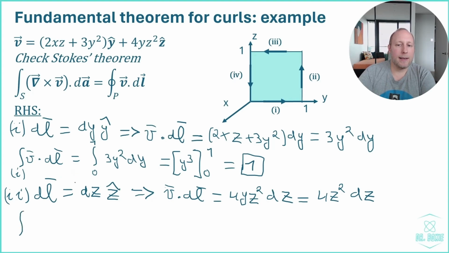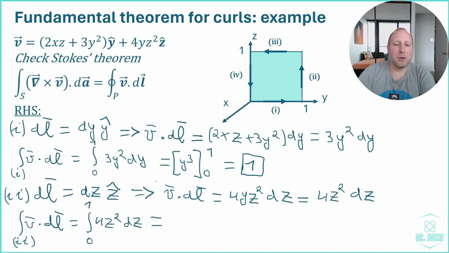And so the line integral along part 2 is equal to the integral of 4z squared dz, where z ranges from 0 to 1. The integral of 4z squared is 4z cubed divided by 3, evaluated between 0 and 1, which gives us 4/3.